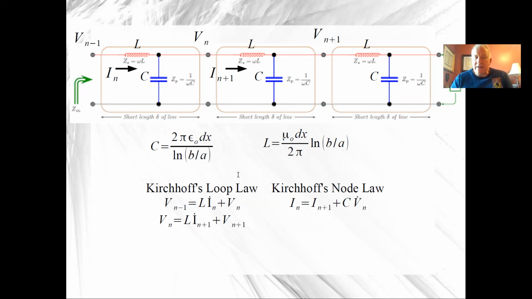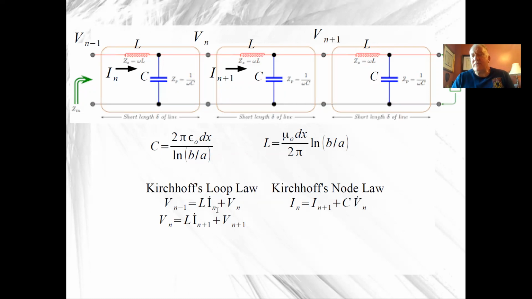If we go around these individual loops, here's the first one, we have Vn minus 1 is equal to Vn plus the voltage across the inductor, which, from last chapter, was L times the time derivative of the current.